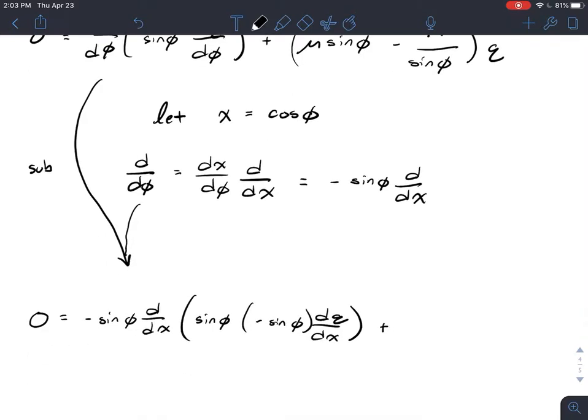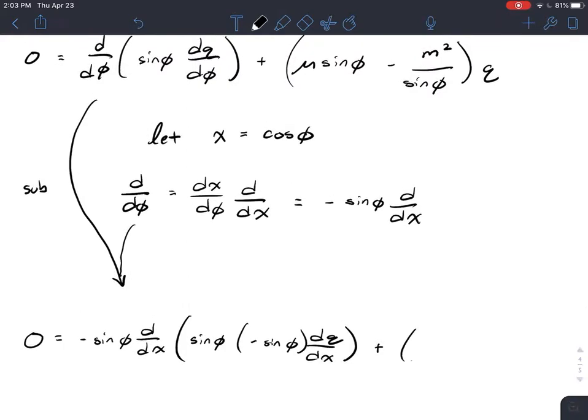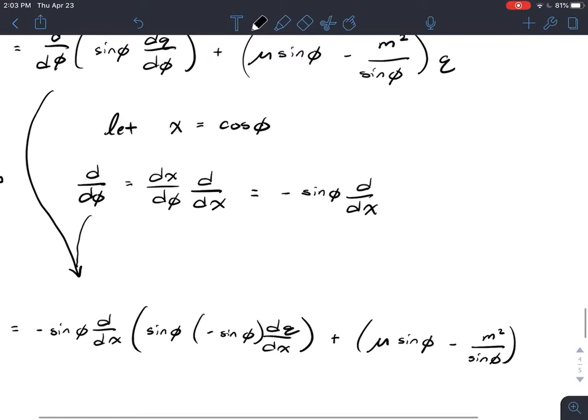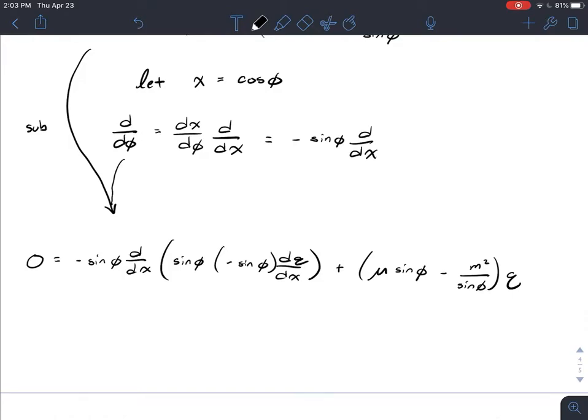plus mu sine phi minus m squared sine phi q. So what I'm going to do is factor out this negative sign here. So this negative sign cancels out this negative sign to make a positive number.